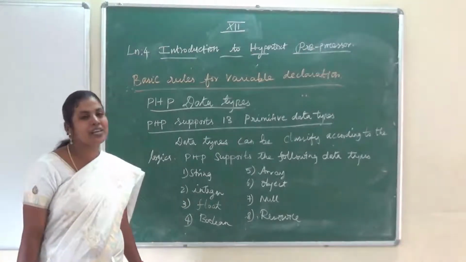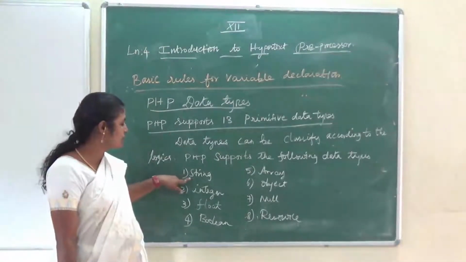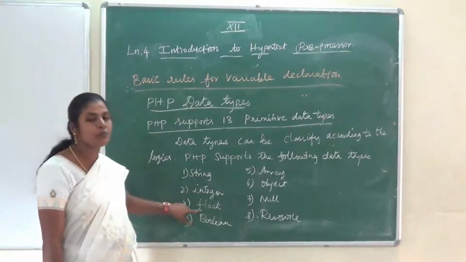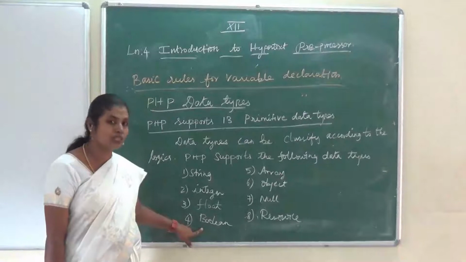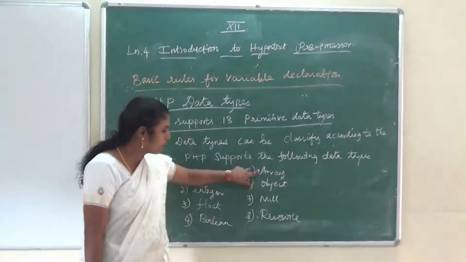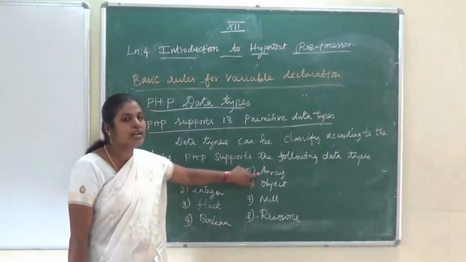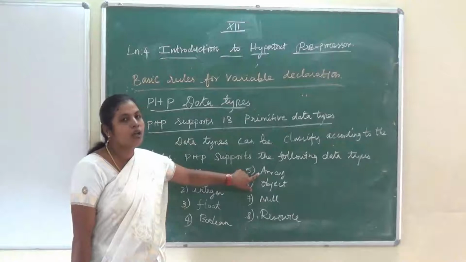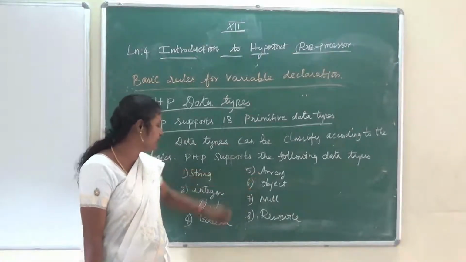But here we are studying the string data type, integer data type, float data type, boolean data type, otherwise called a logical data type, array, object, null, resources. Array we already studied in other programming languages. Array is a derived data type.